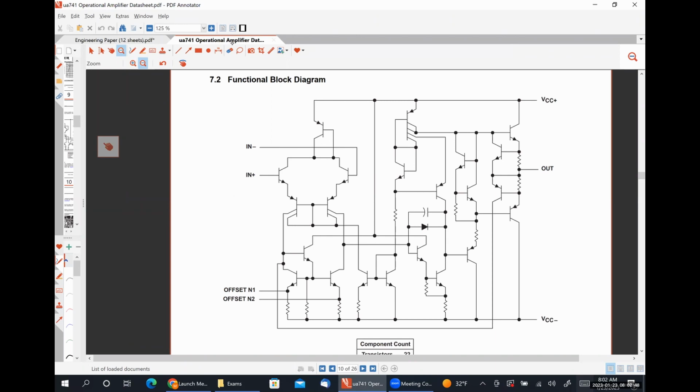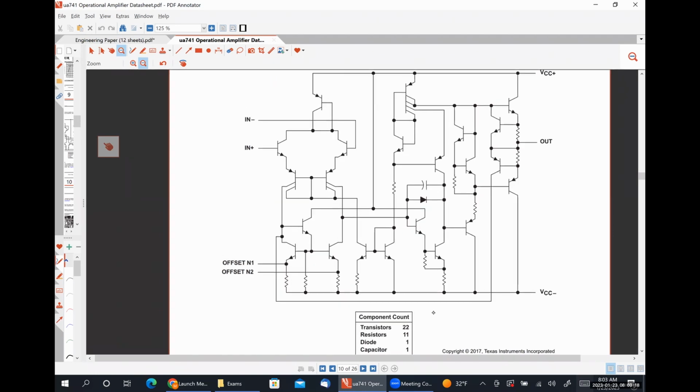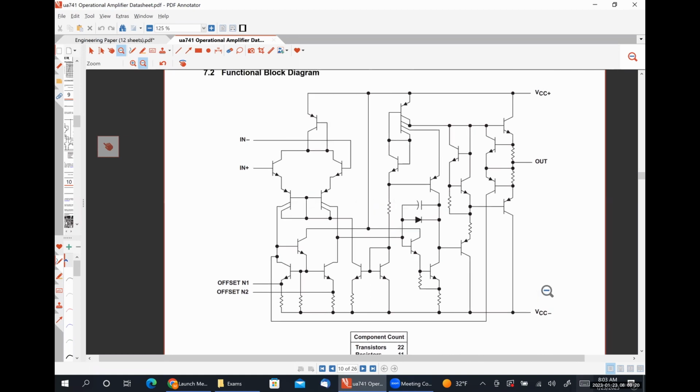This is a general purpose operational amplifier that is used in a lot of circuits, ranging from simple electronics, like what you might find in a guitar effects pedal, up to things like televisions, radios, and all that kind of good stuff. This particular simplified version of the circuit contains 22 transistors, 11 resistors, 1 diode, and 1 capacitor.